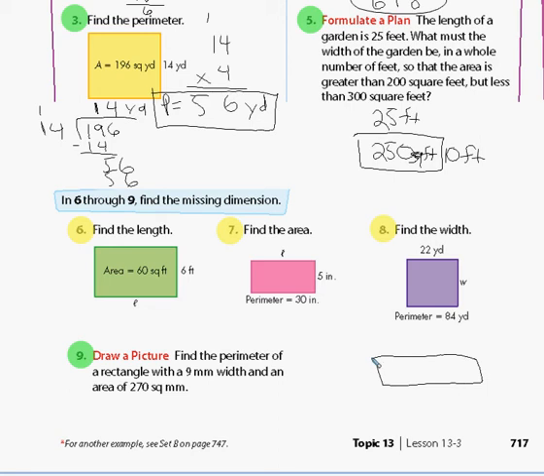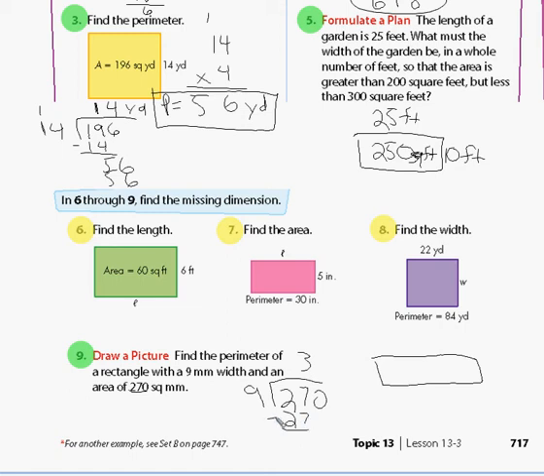Okay, I know I'm going to be using the inverse operation that I normally use for finding my area, because it has the area already. I'm just trying to find one of the sides. And so what I do, that'd be 270 divided by 9. And that's a pretty simple problem. It's one of our facts. We know 9 goes into 27 3 times, and it goes into it evenly.